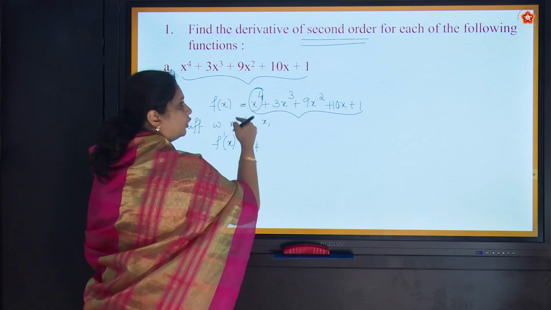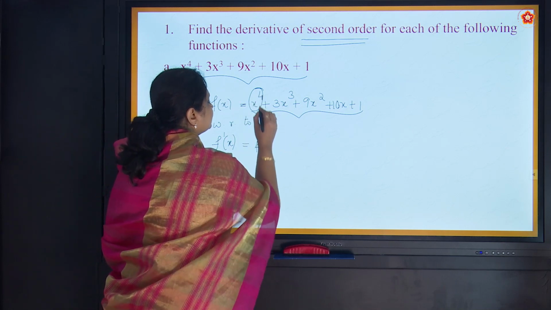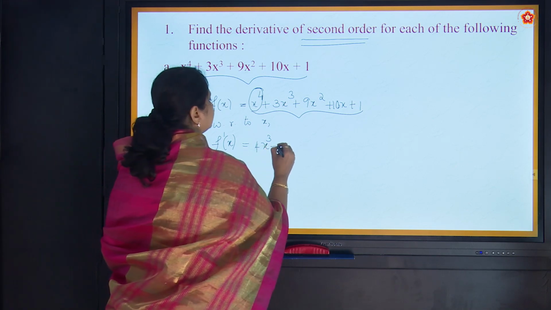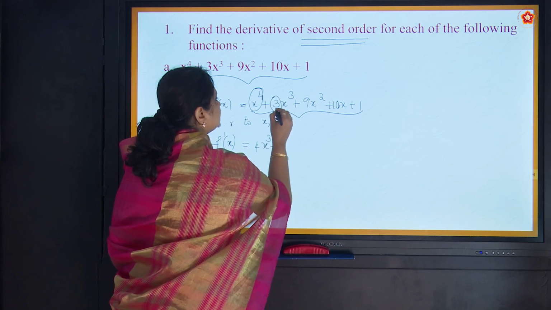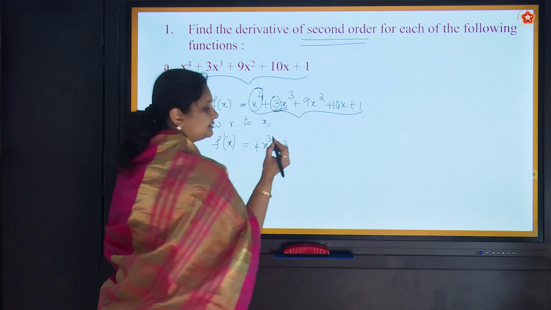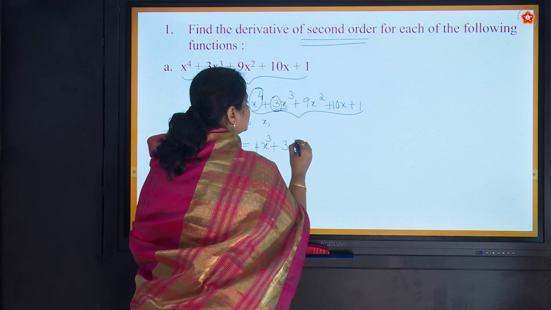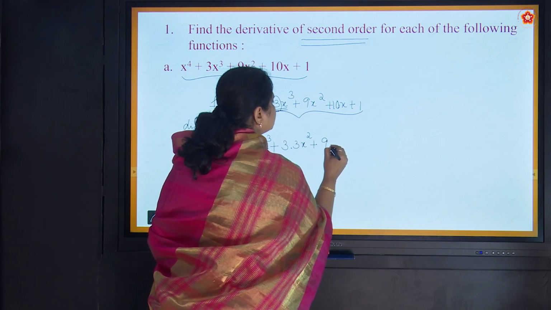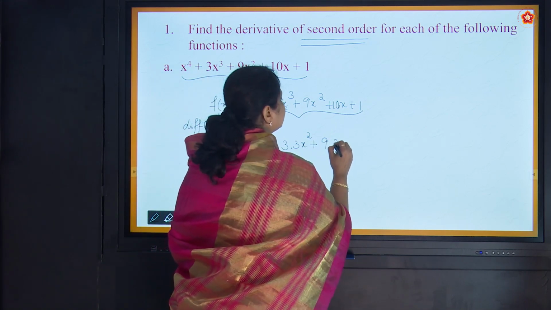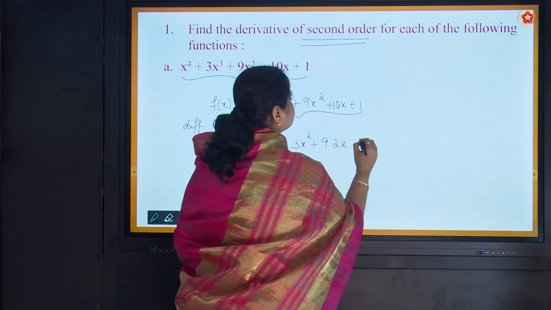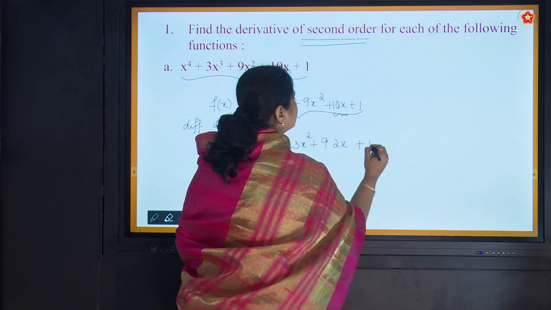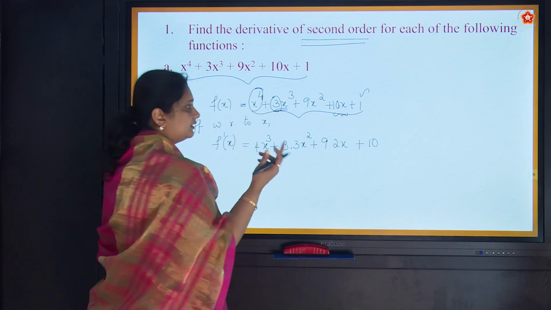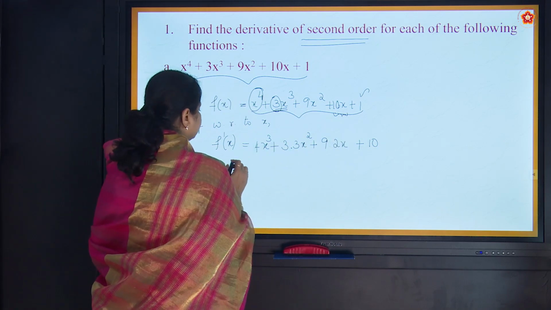When differentiated, 4 comes down as the coefficient, x power 3, 1 less in the power, plus 3 is a numerical coefficient of this variable term, you will keep it as it is, into x cube on differentiation gives you 3x square, plus 9 is a numerical coefficient, keep it like that. x square on differentiation gives you 2x, plus 10x on differentiation gives you 10, and 1 is a constant term which on differentiation gives you a 0. So it gets nullified. I'm not writing it here again.